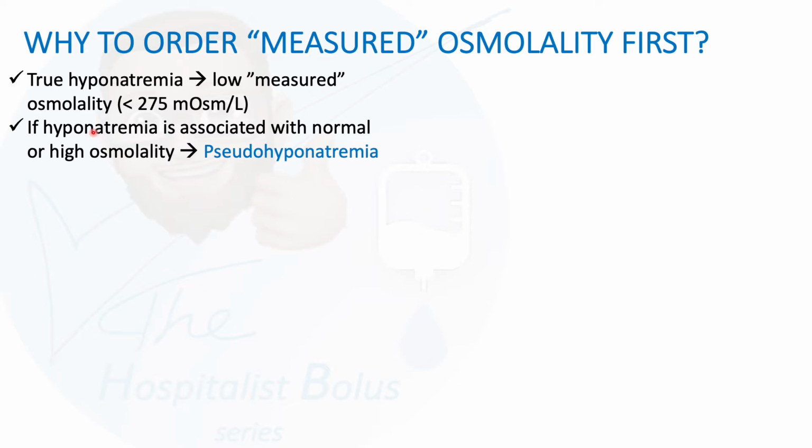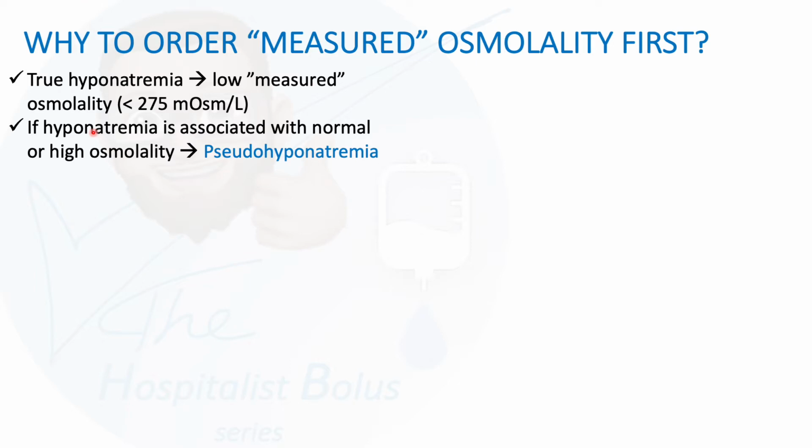Now, if you want to be more strict, pseudohyponatremia is usually applied to the situation where the measured osmolality is normal. If the measured osmolality is high, this is called hyperosmolar hyponatremia.